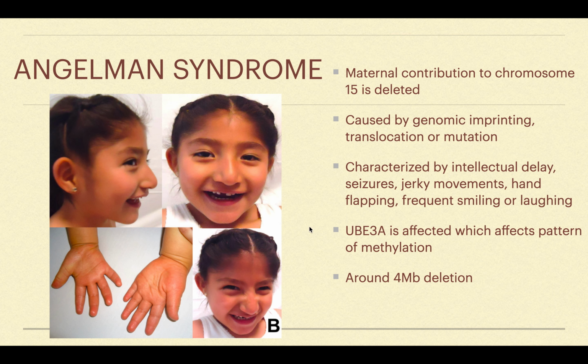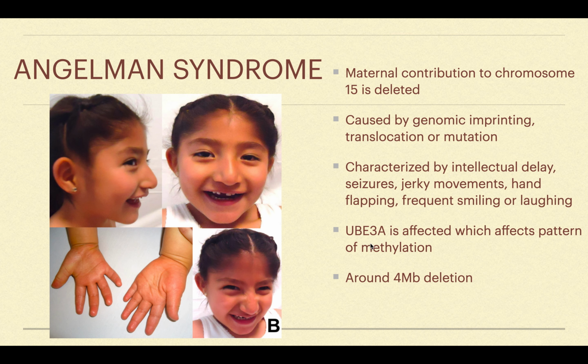So these are fairly happy patients, but what's characteristic is that the smiling or laughing is inappropriate, during the wrong scenarios. During a very sad scenario, like a funeral, they might be smiling or laughing, or in the middle of grocery shopping, they might burst into spontaneous laughter.